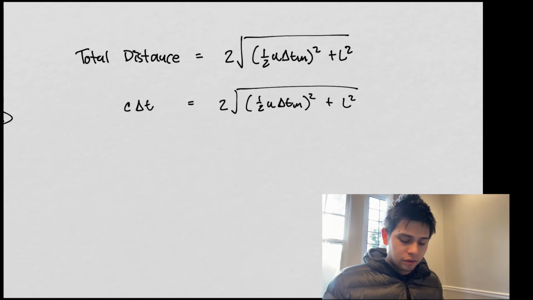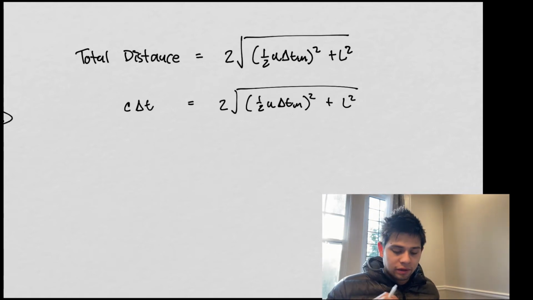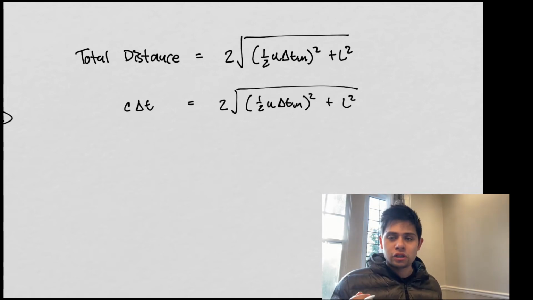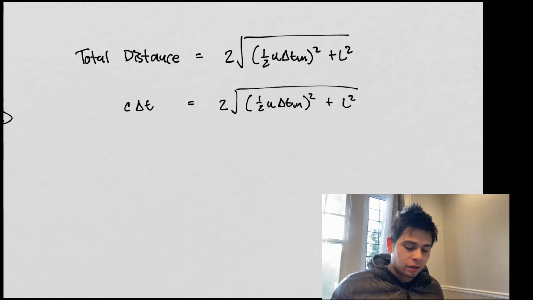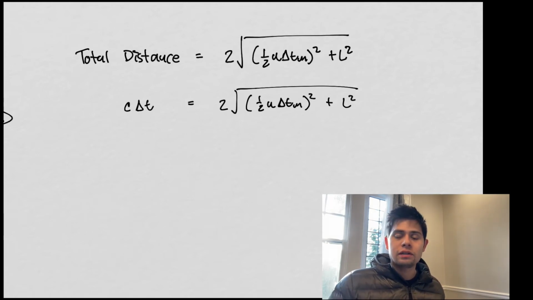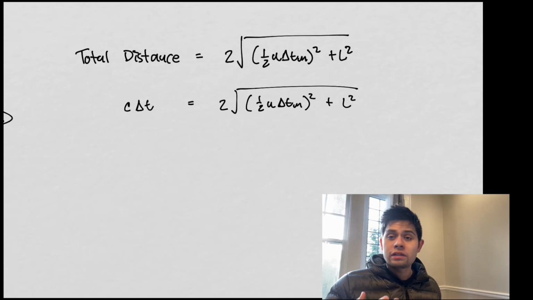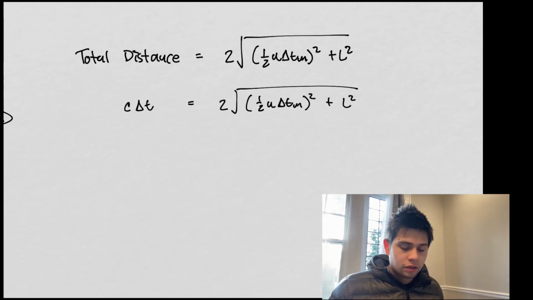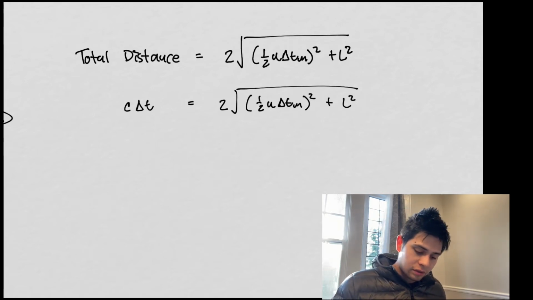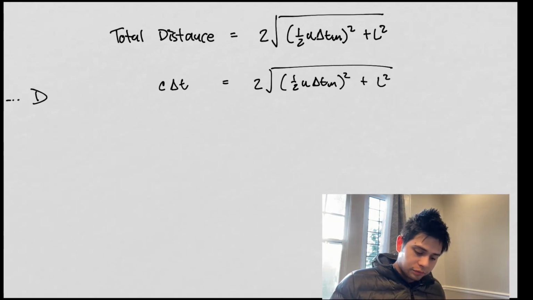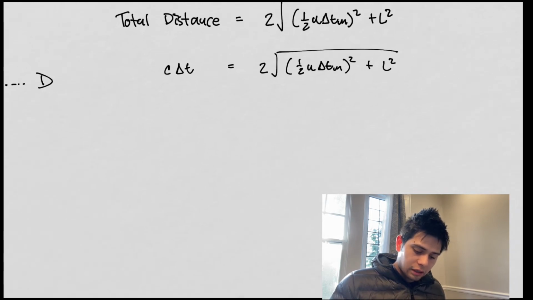When we get to the punchline of this, we can take the limit as u approaches c and see what happens to our result, and we'll see exactly how that works. So we can manipulate this a little bit.